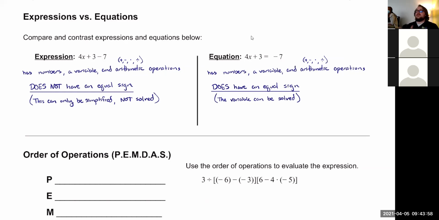So if I was to oversimplify this, expressions can only be simplified, not solved. Equations can be solved because of the equal sign that they have. So very important difference there, because that changes how we approach the problem, and that also changes how far we can take some of these examples.